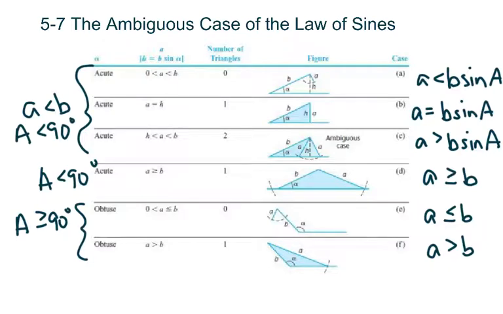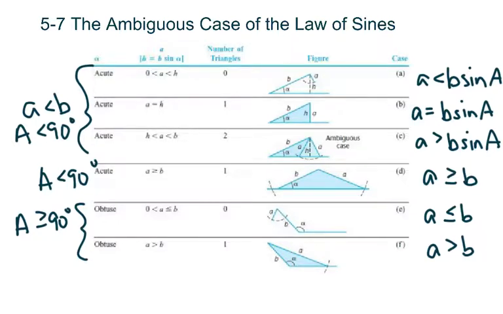So if side A is less than side B and angle A is less than 90 degrees, you're going to have no triangle if side A is a smaller value than B times the sine of angle A. It's going to give you one triangle if side A is equal to B times the sine of angle A. And there's going to be two solutions if A is greater than B times the sine of angle A.